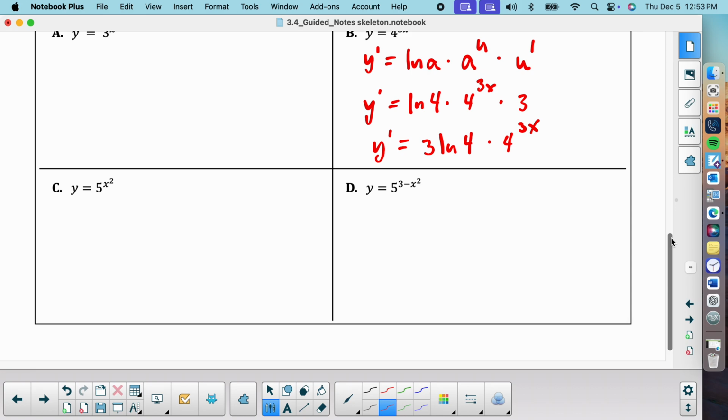Probably. Okay, table 4. Do we want to do problem C or D? C? All right, sounds good. Okay, I'll write down the generic formula.